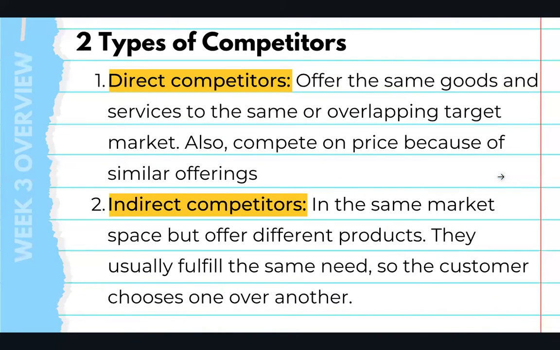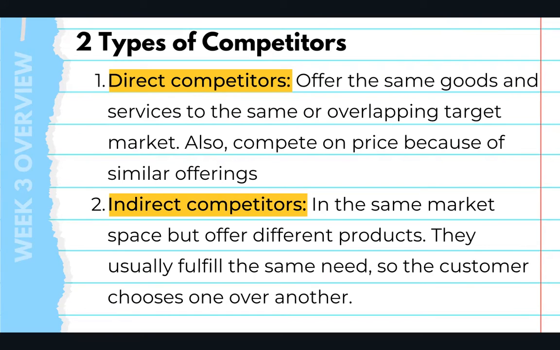So there are two different types of competitors, and we're going to break those down. The first one is direct competitors. Direct competitors offer the same goods and services to the same or overlapping target market. Also, direct competitors compete on price based off of similar offerings.